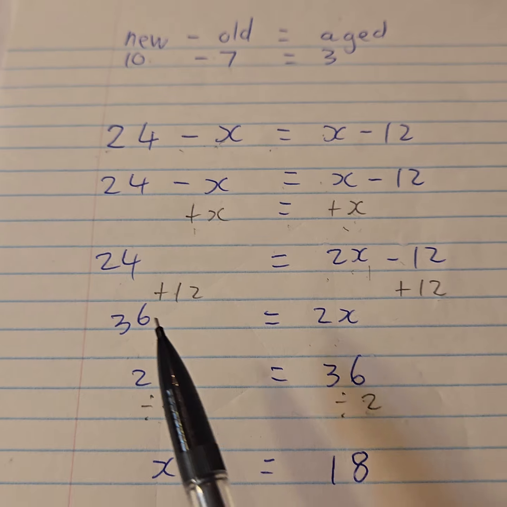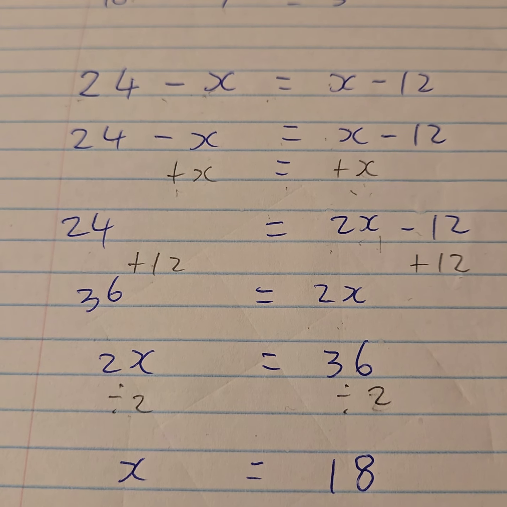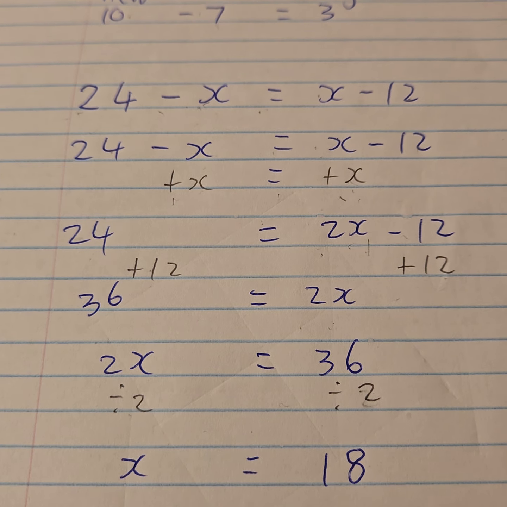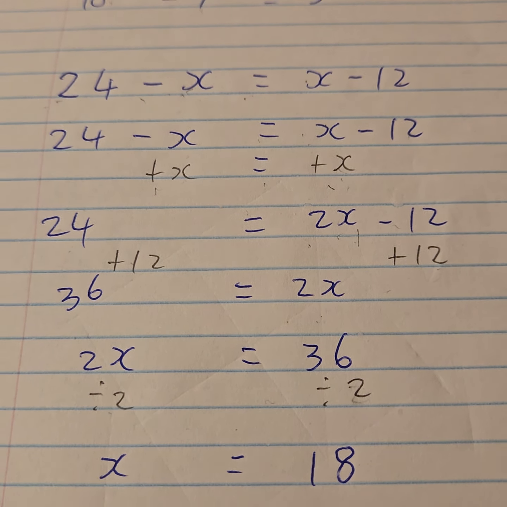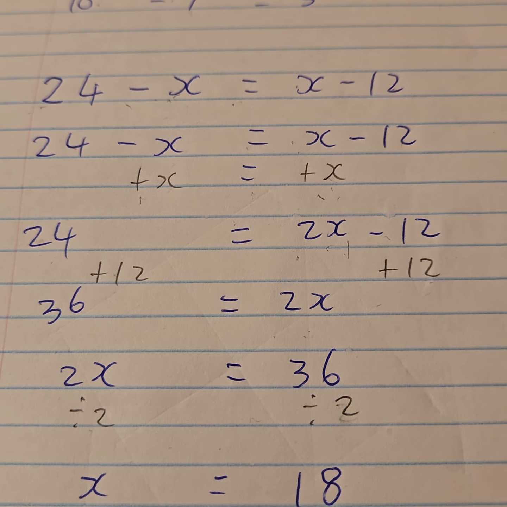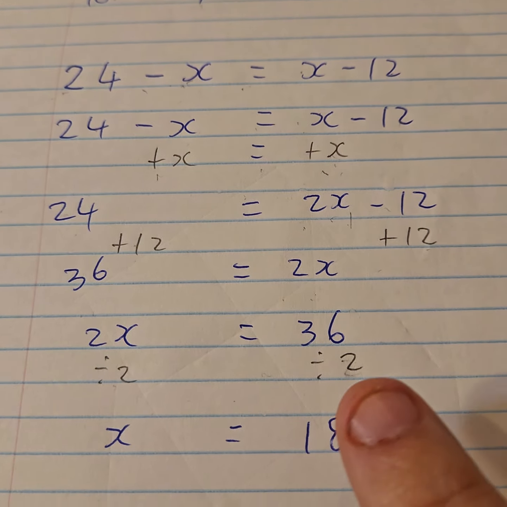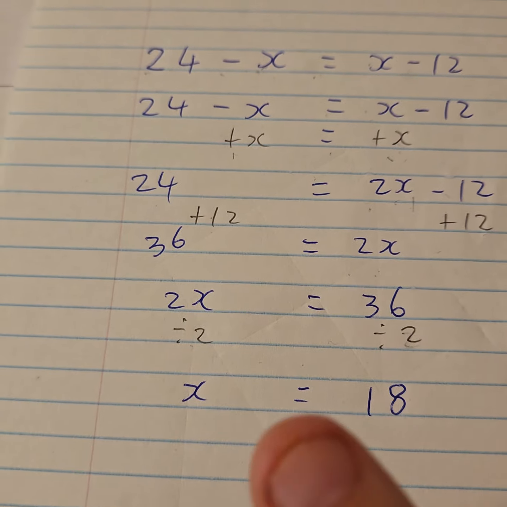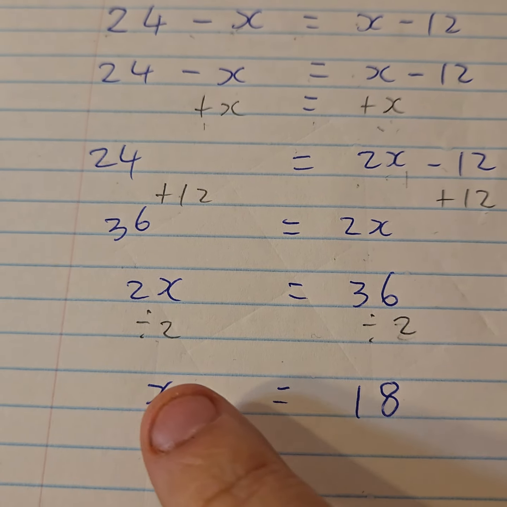So we have 2x equals 36. I just switch sides from the left to the right. It's just because we want to solve for x. If 36 equals 2x, 2x equals 36. And it's balancing scale time once more. What I do to the left, I do to the right. I notice if I have 2x, if I divide by 2, I'll have just x.